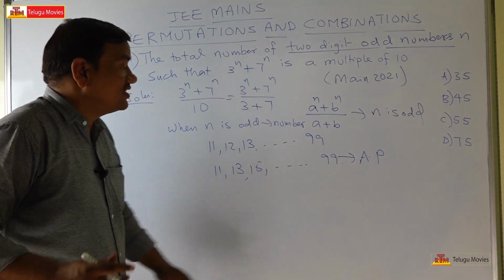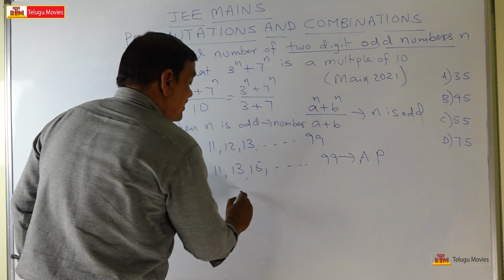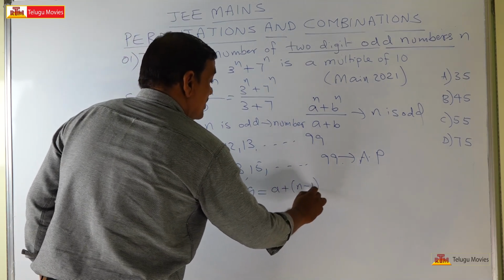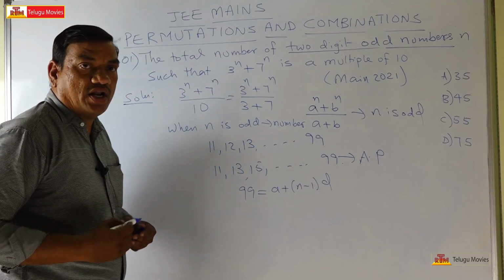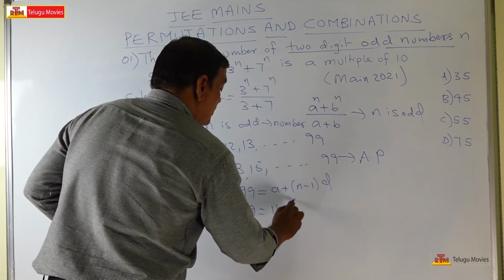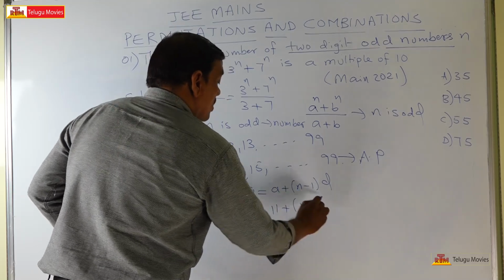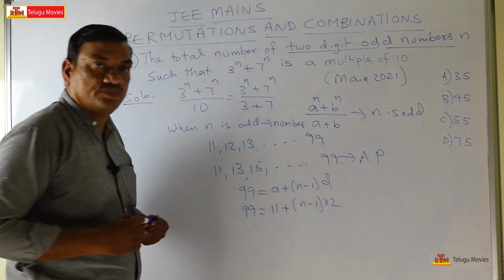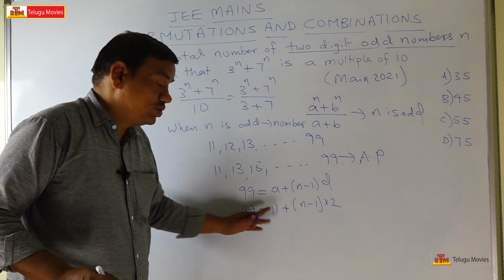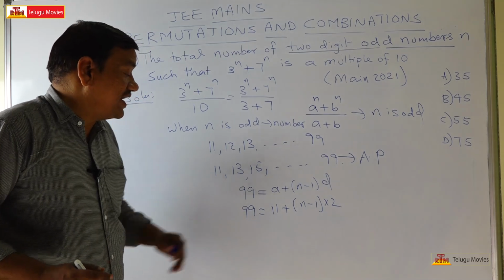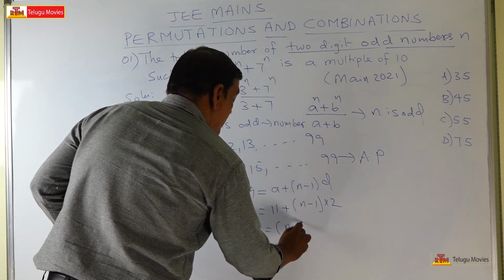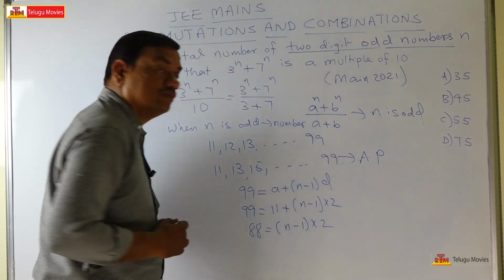We know that the last term 99 is equal to a plus n minus 1 into d. So 99 is equal to the first term 11, n we don't know, common difference 2. Bringing 11 to the left-hand side, 99 minus 11 is 88, equal to n minus 1 into 2.